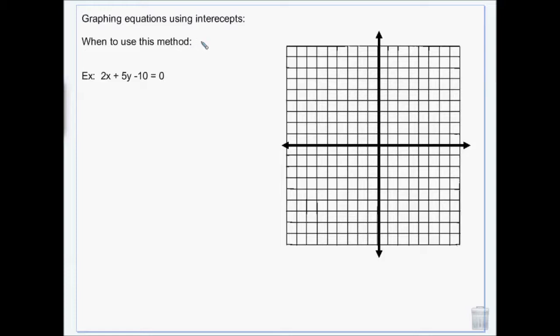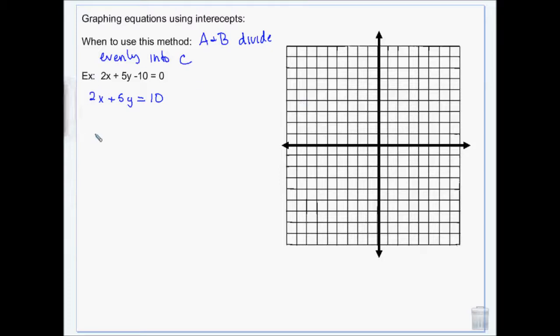When we use this method, the best time to use it is when A and B divide evenly into C. So in this case, when I put this in standard form, I get that. 2 goes into 10 and 5 goes into 10, so that makes this a nice equation to graph with intercepts.